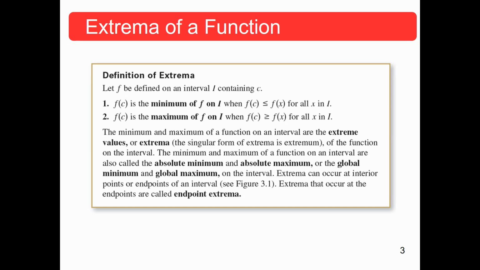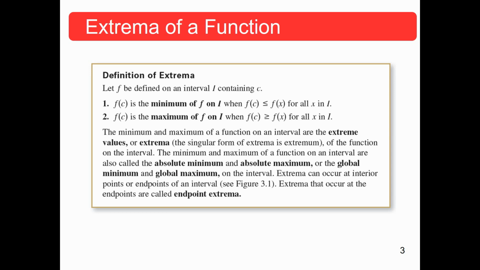So it is the least value. It is the minimum. f of c is the maximum if f of c is greater than or equal to f of x for all x in the interval. So the y associated with c is bigger than all of the other y's in the function. The minimum and maximum of a function, we call these the extreme values or the extrema.